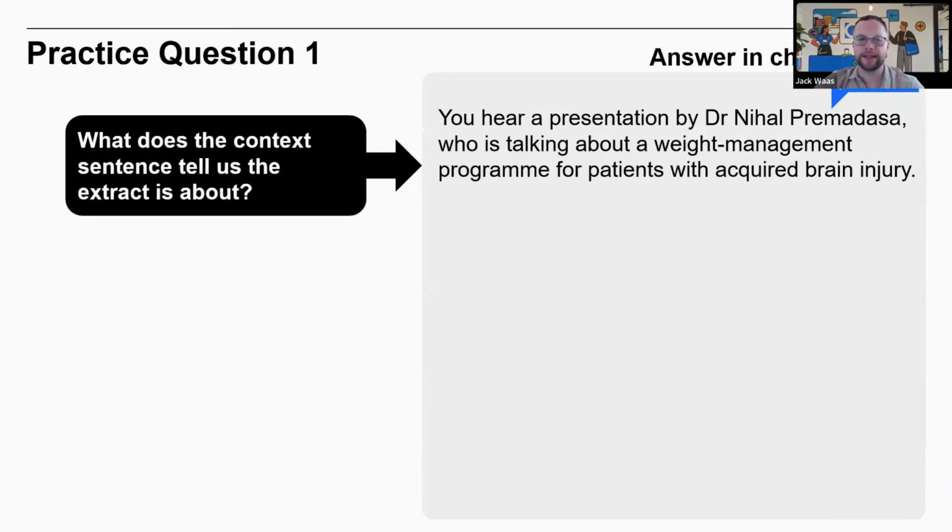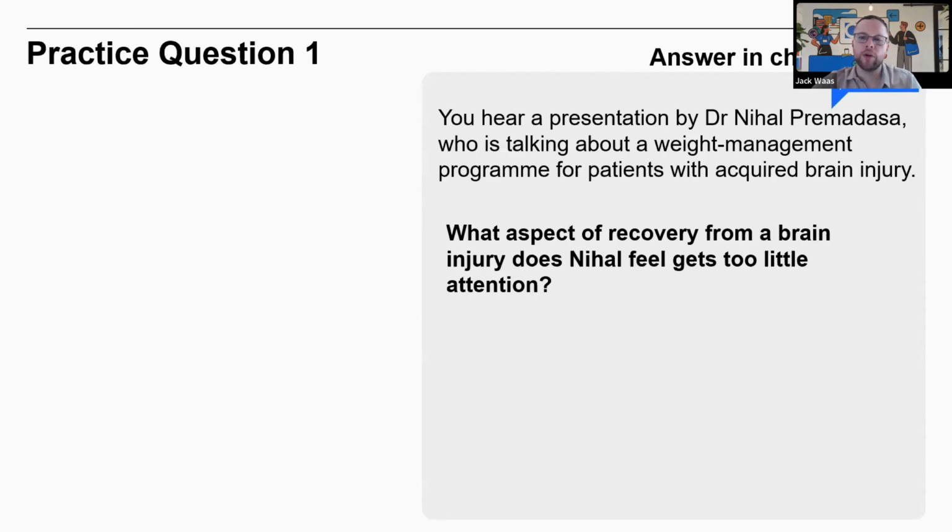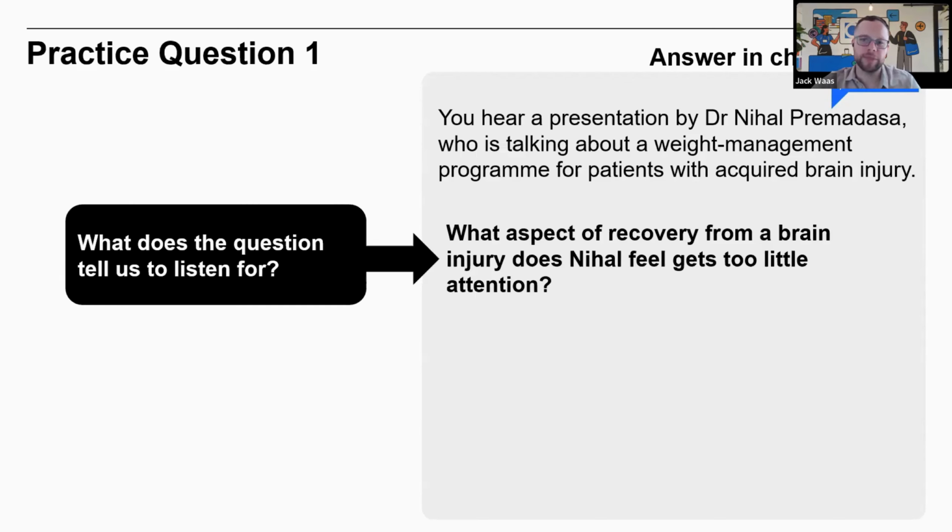All right, so here's a context statement for our extract. You hear a presentation by Dr. Nihal Premadasa, who is talking about a weight management program for patients with acquired brain injury. Okay, it's about weight management, as you can see, but not just any weight management. It's for those with acquired brain injury. So what does this question tell us to listen for? Right, you're listening for what parts of recovery do not get enough attention. What aspect of recovery does not get enough attention?